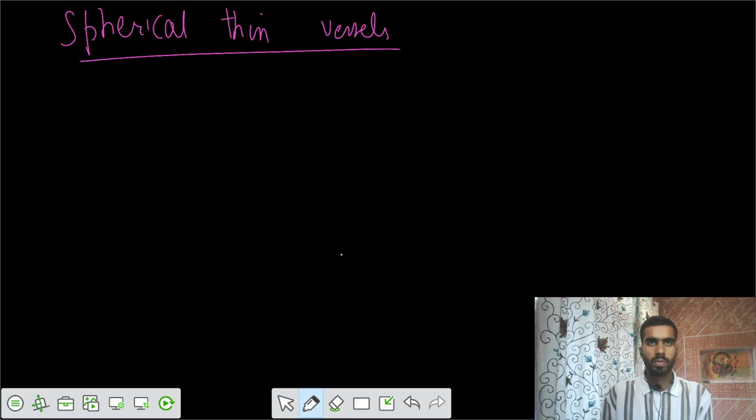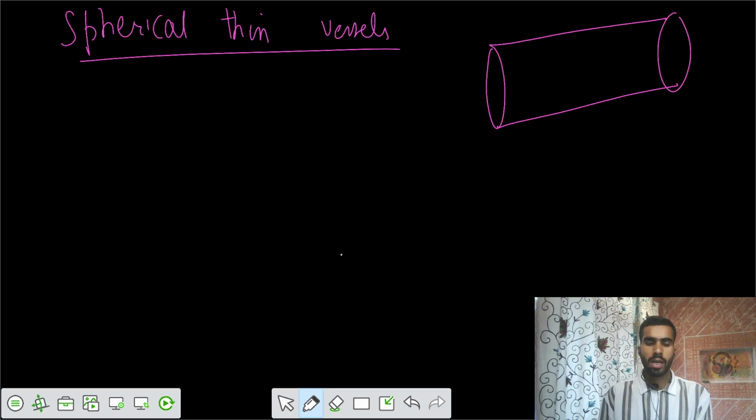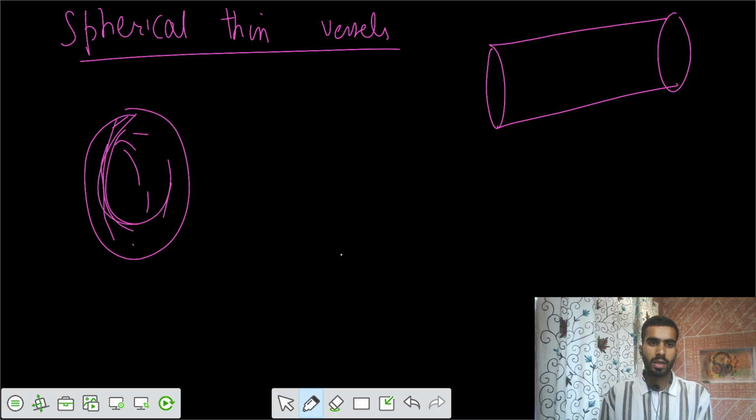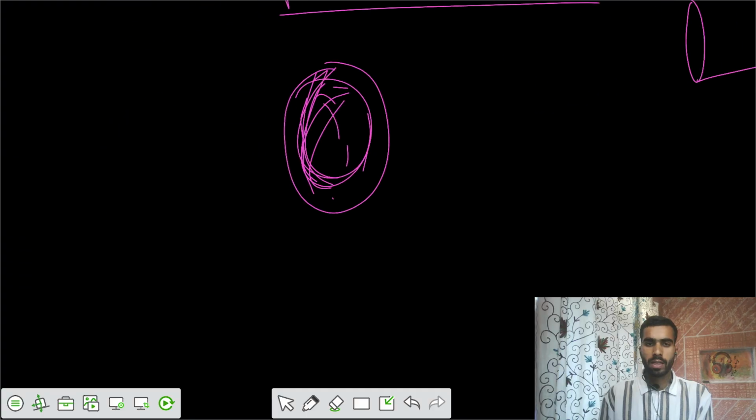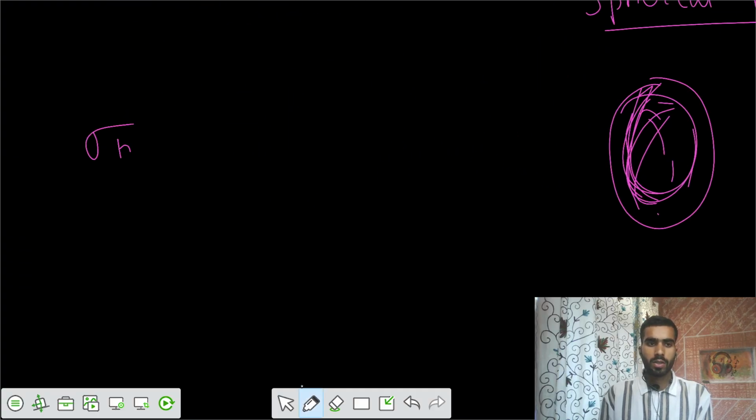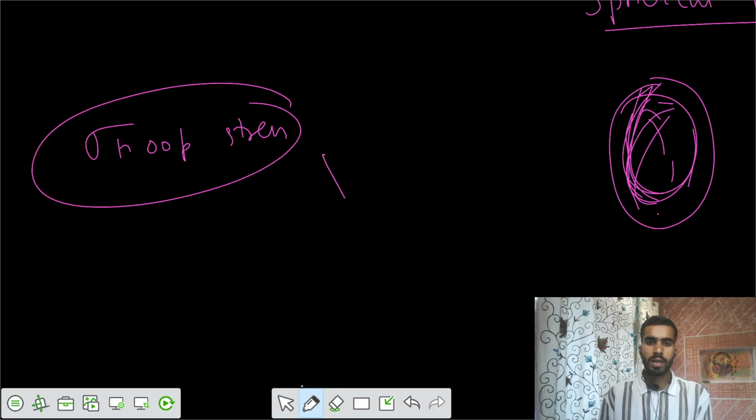For the spherical thin vessel, the cylinder was in this fashion, and a spherical vessel is some sort of circle. For that we say that the stress that gets developed is hoop stress in all directions.